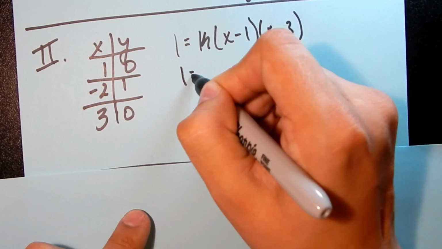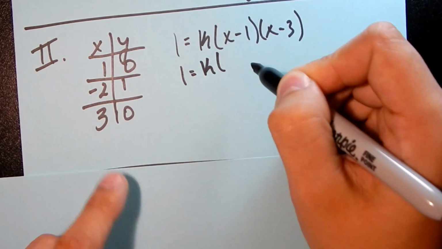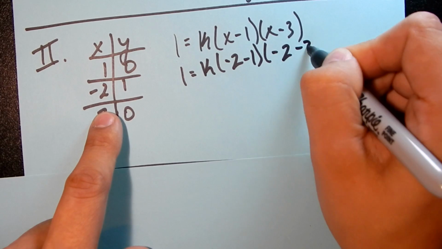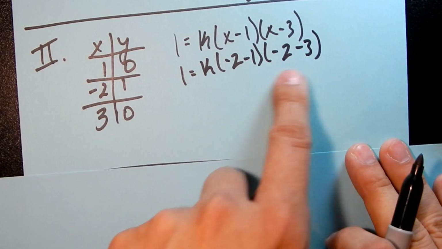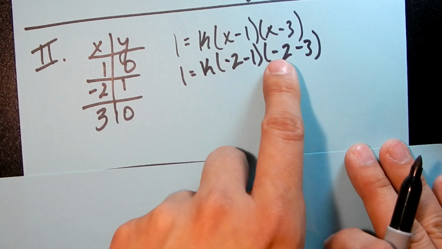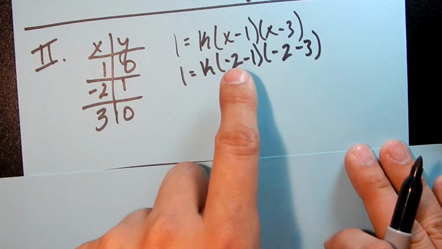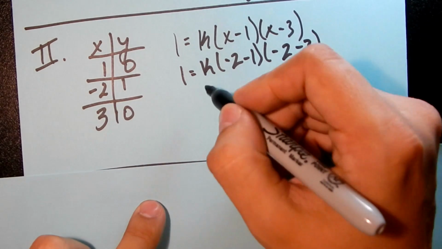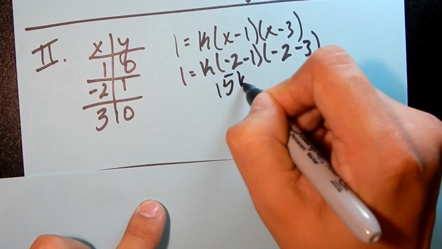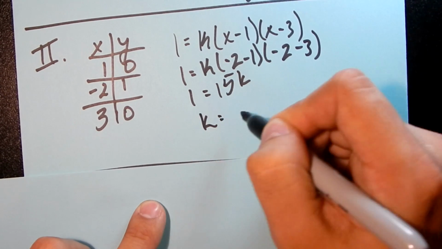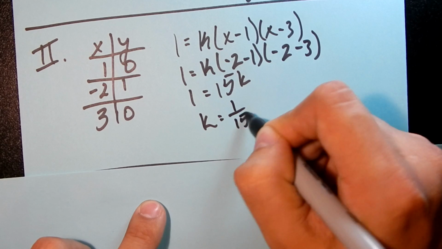So 1 is equal to k times -2 minus 1, -2 minus 3. -2 minus 1 is -3, -2 minus 3 is -5, this times that gives me 15. So I've got 15k is equal to 1, so we know that k is equal to 1/15.